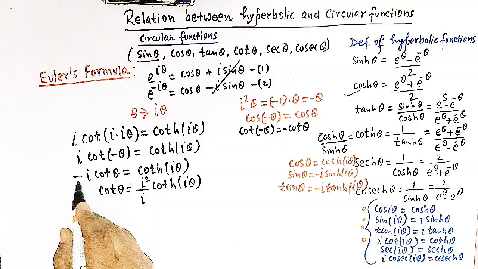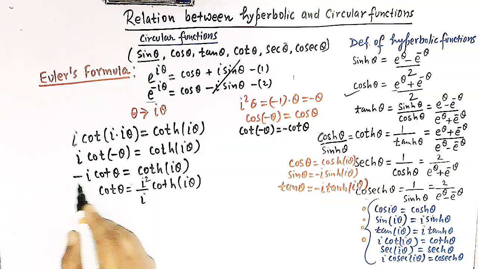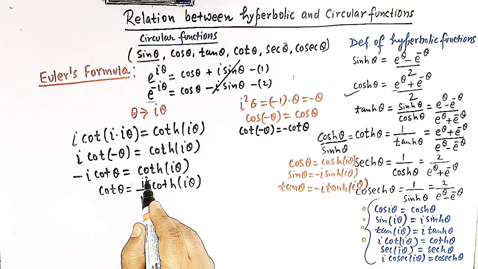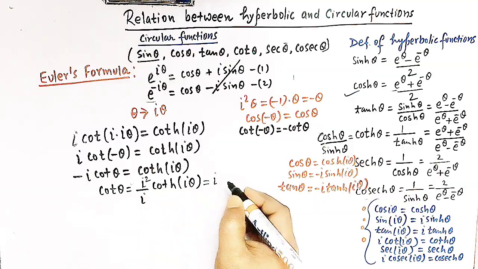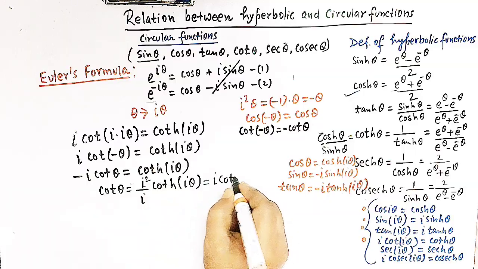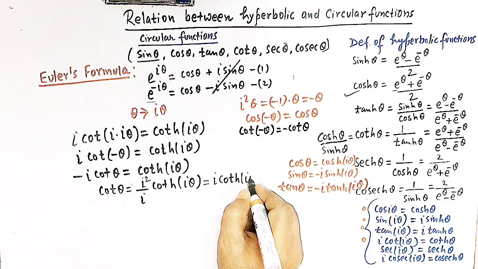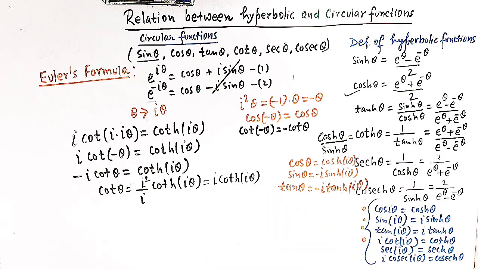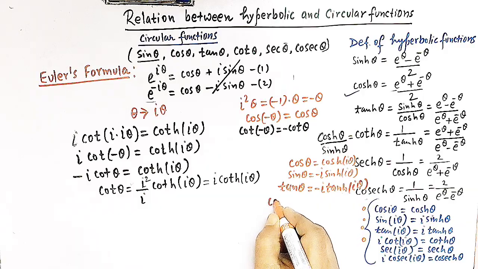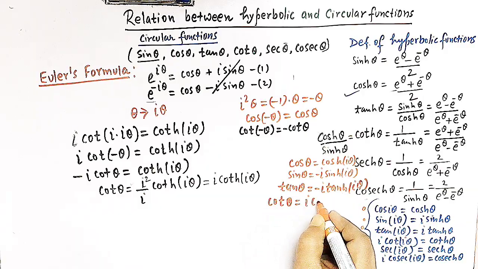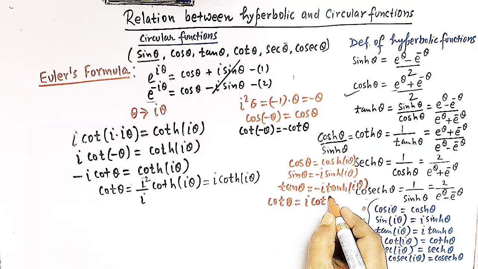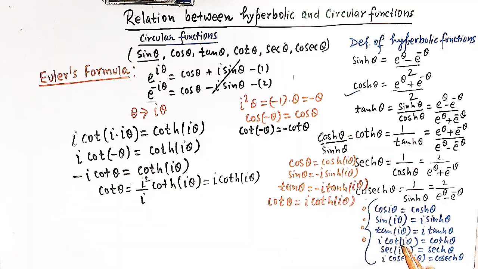So we have written this negative 1 as i². The i and i get cancelled, so we are left with i times coth(iθ). So our fourth relation is now cot θ = i coth(iθ).